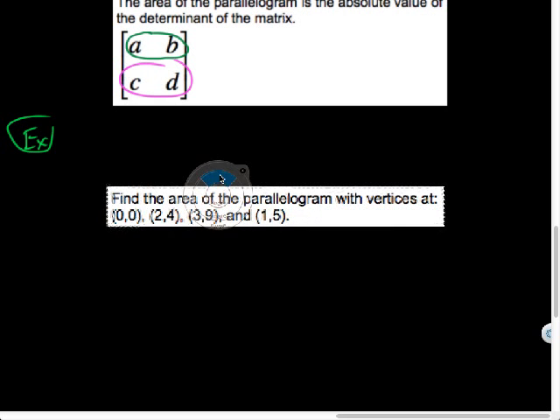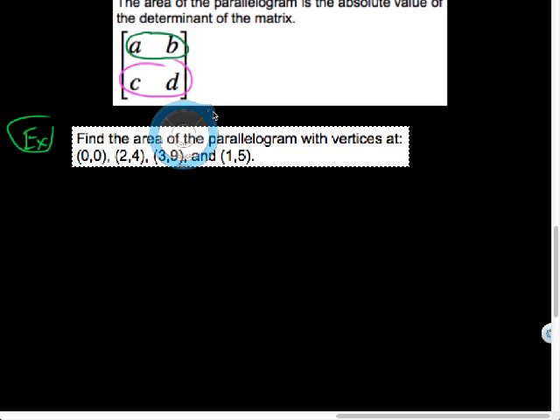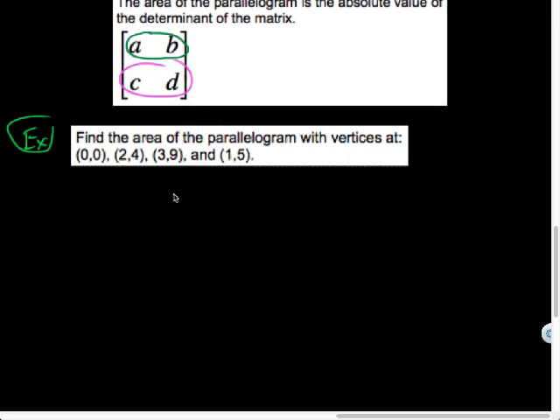So let's do a little example of this. Find the area of a parallelogram with vertices at the following. So in order to do this, the trick is I've got to figure out what my matrix is. What is my A, B, and C, D?